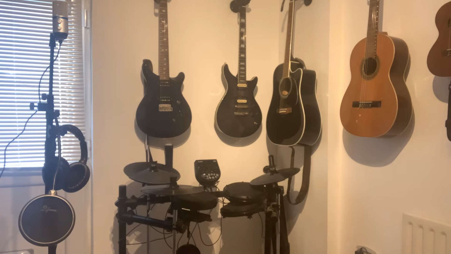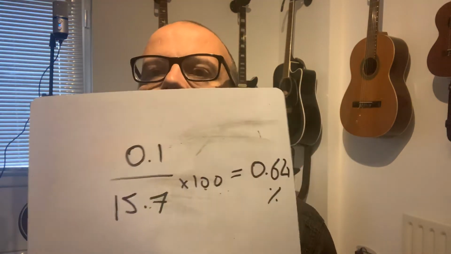Let me just quickly write that out for those of you who are not so good at keeping up with me saying it. So that's our uncertainty over 15.7 times 100 to get it as a percent, 0.64.